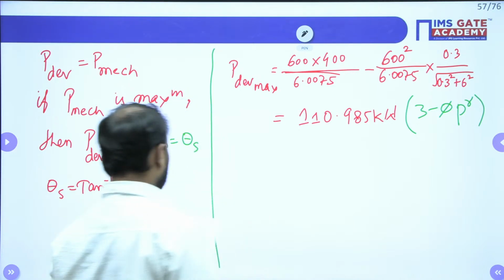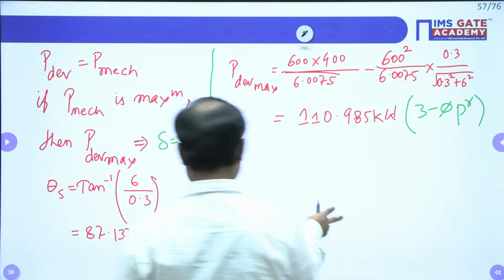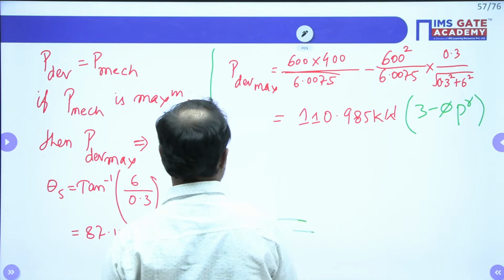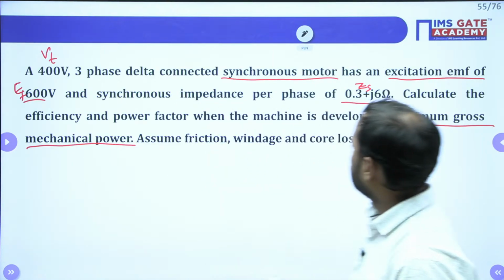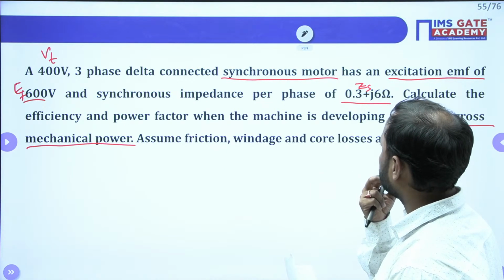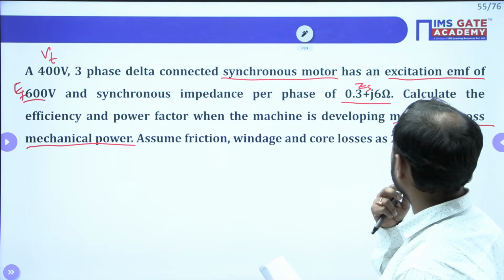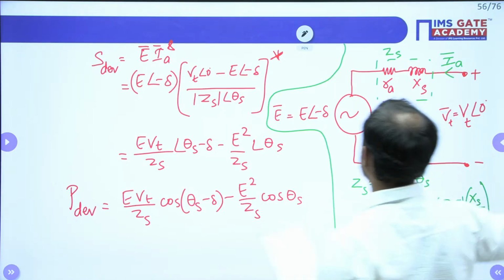Done. What next? Do we have a current IA? Efficiency we need to calculate. So input power and output power we require, na? For that I require IA, and power factor we need to calculate. So how to calculate IA?